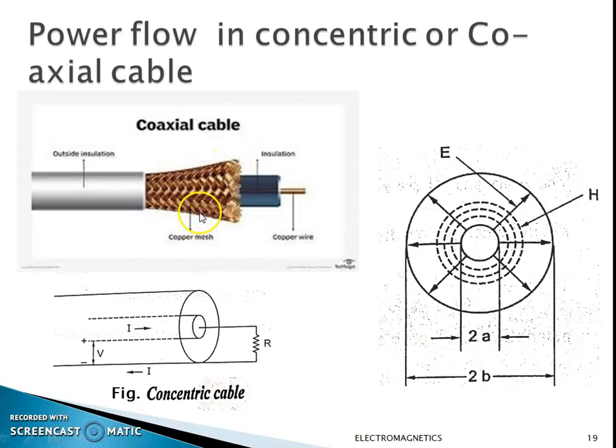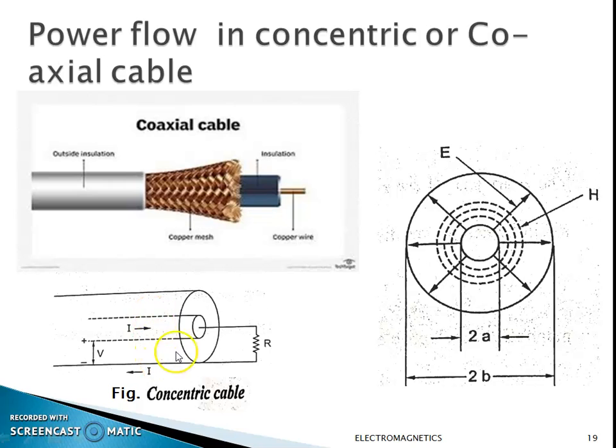In between these two conductors they are separated by a dielectric or insulating material. At the outer surface of the copper mesh we use an outer insulation, otherwise known as the jacket.